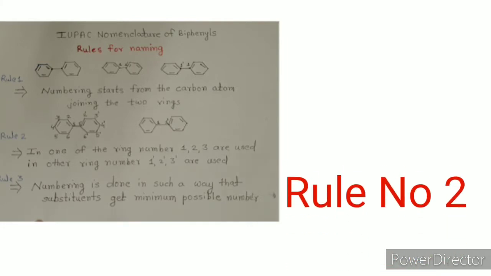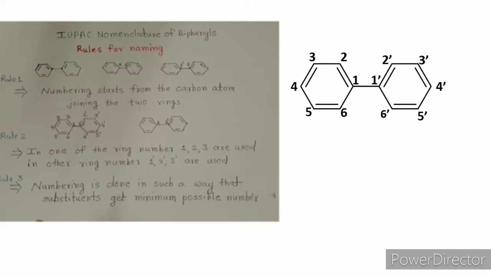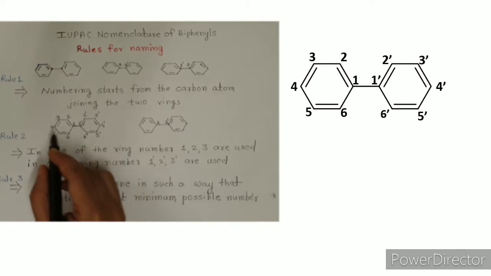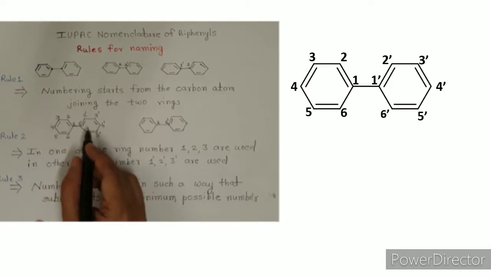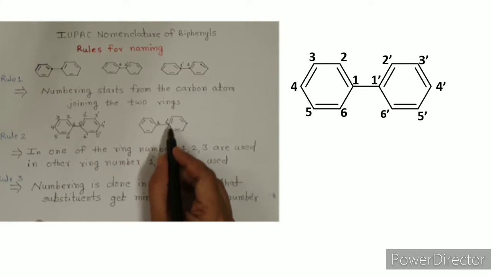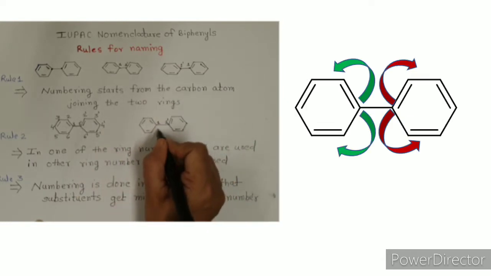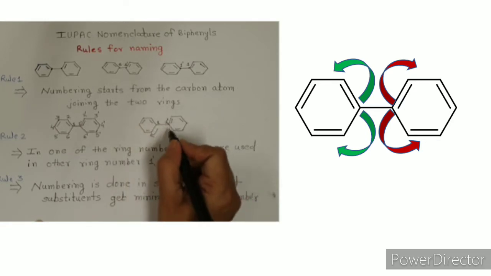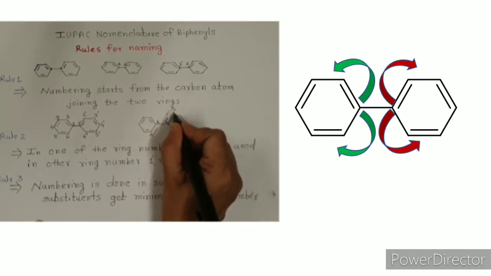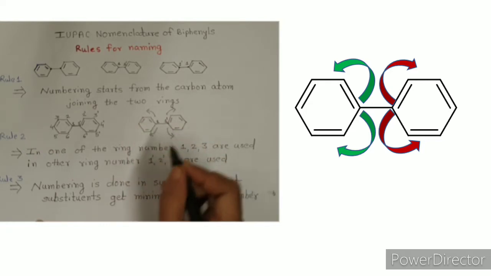Now in one ring we number carbon as 1, 2, 3, and in the other ring we use numbers 1 dash, 2 dash, 3 dash, as shown here. Remember, only 1 and 1 dash are fixed in each ring. We can number either in clockwise direction in each ring, or we can number in anti-clockwise direction in each ring.